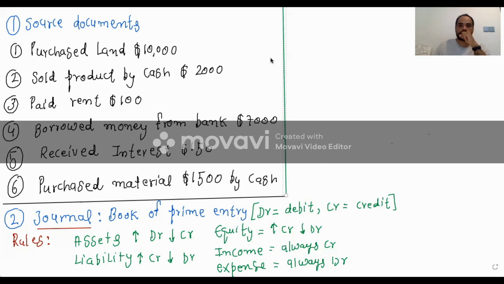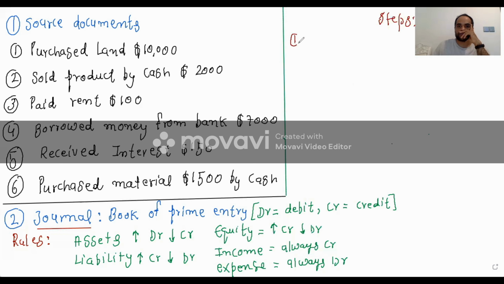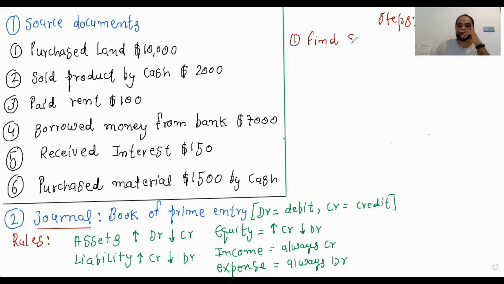Now we do some steps for our journals. We have to follow these steps to prepare journals. Step number 1 is find source documents.